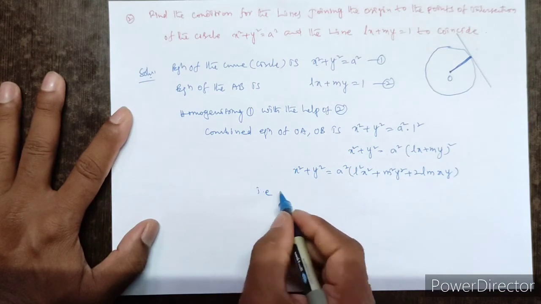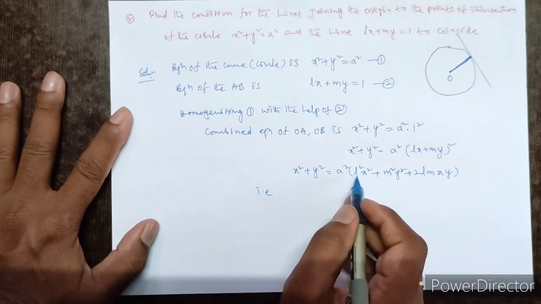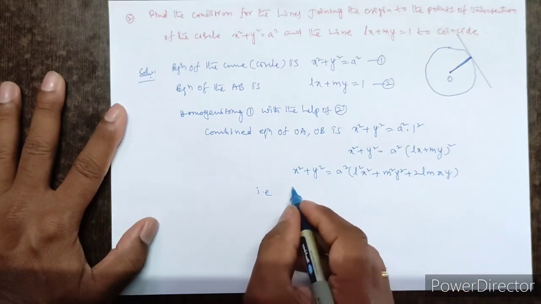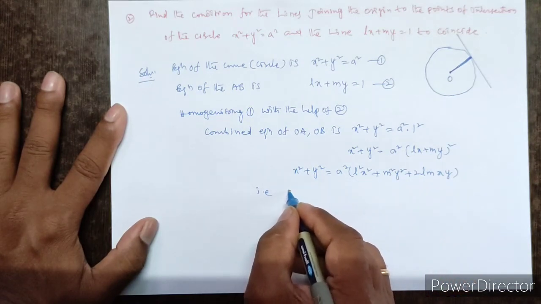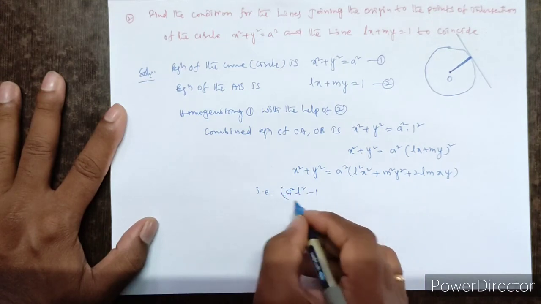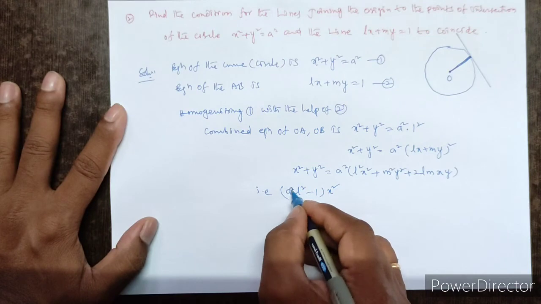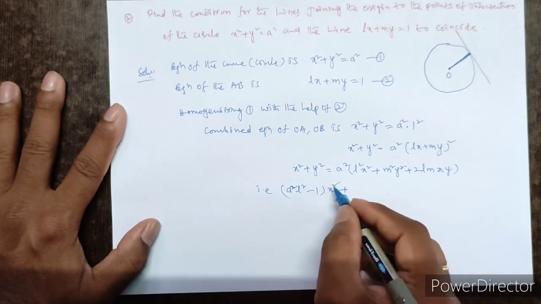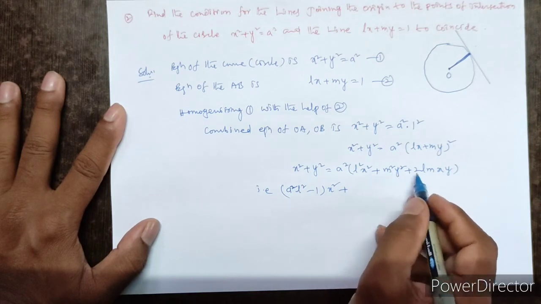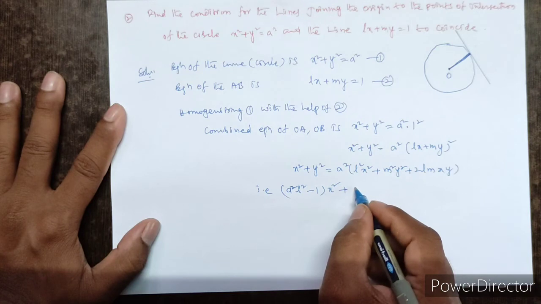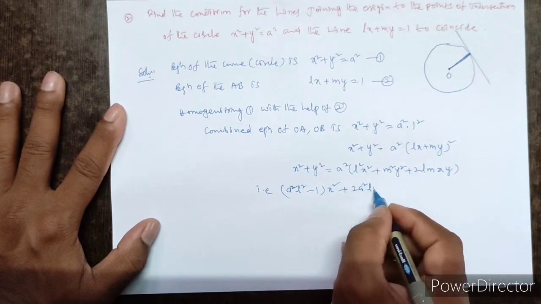Take these terms to this side and take common x square and y square: a square L square minus 1 of x square, like the previous problem, and 2a square lmxy.